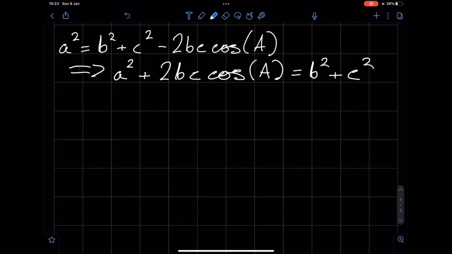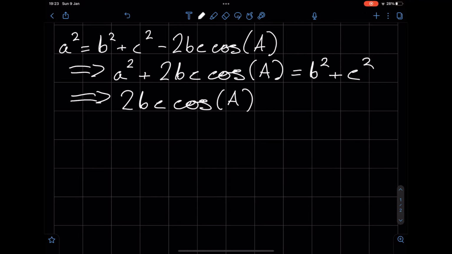The next step would then be to take away a squared from both sides. If we do that, we're left with 2bc cosine A equals b squared plus c squared minus a squared.